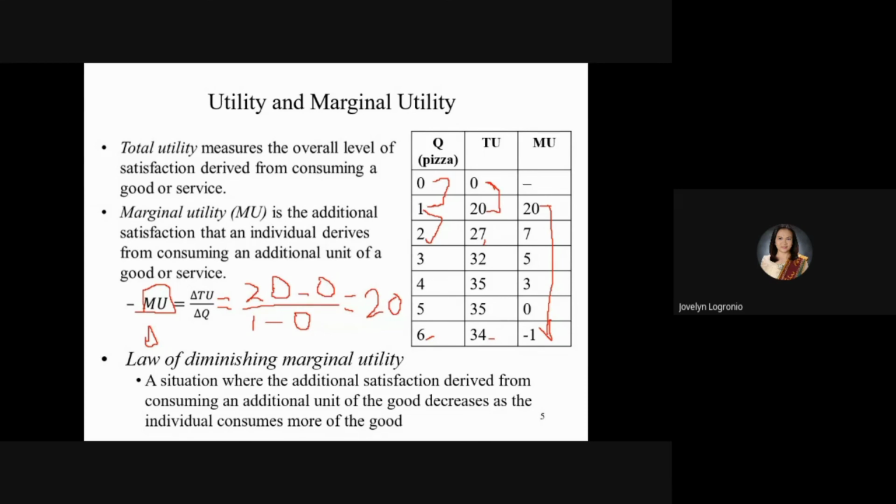So, ibig sabihin, habang kinakain mo yung pizza or the more pizza na nakain mo, parang nagsasawa ka, di ba? And yan yung behavior ng consumer, di ba? Nagsasawa. I hope na gets nyo yung idea of the law of diminishing marginal utility.